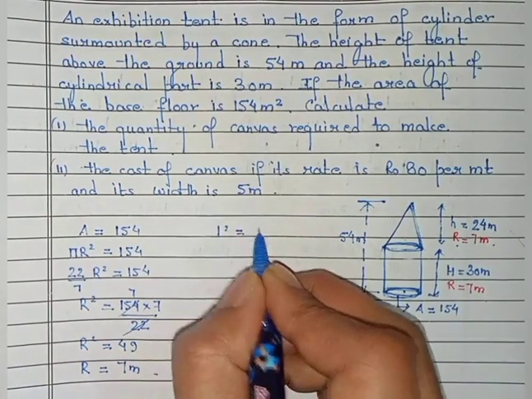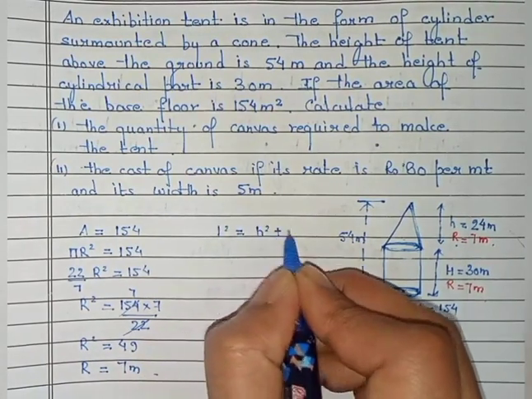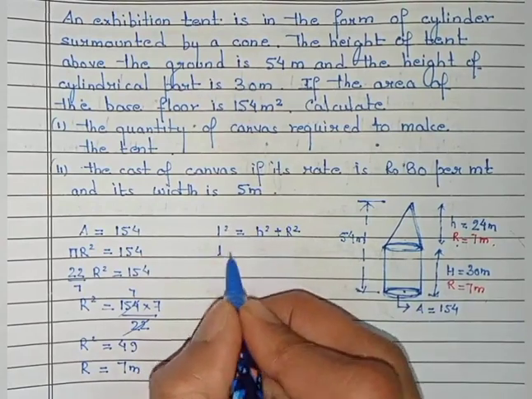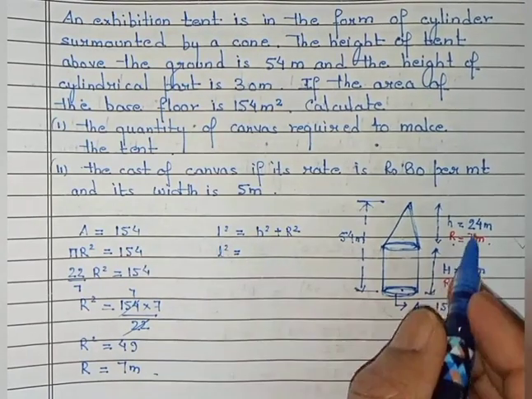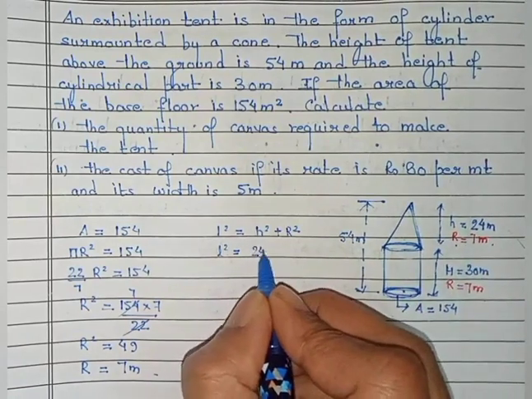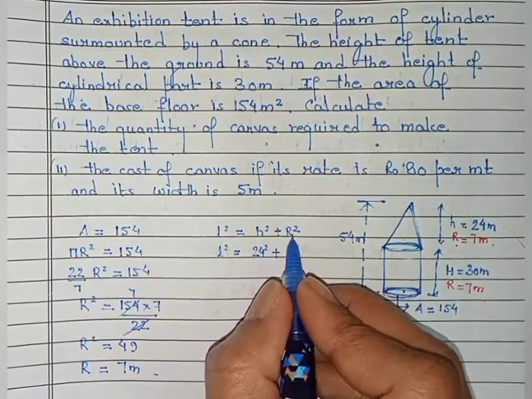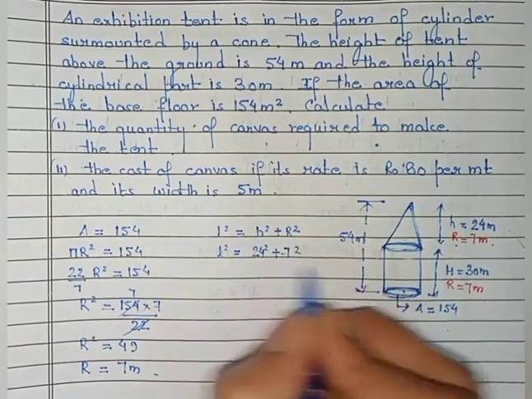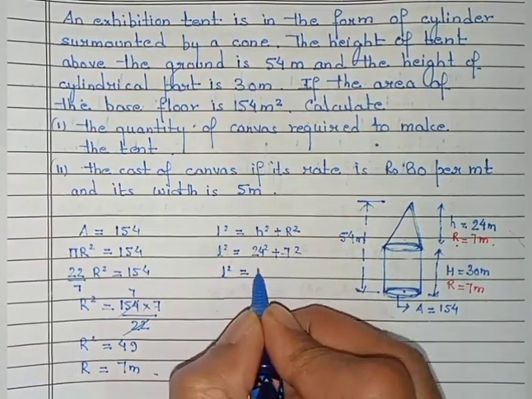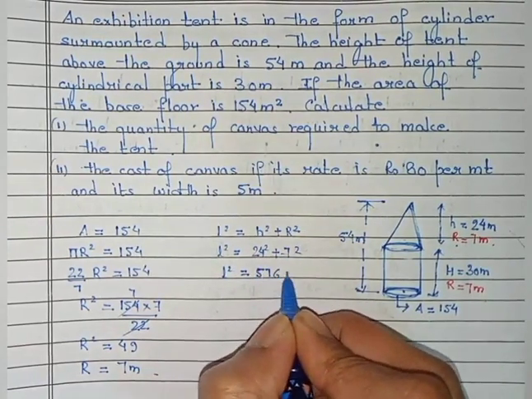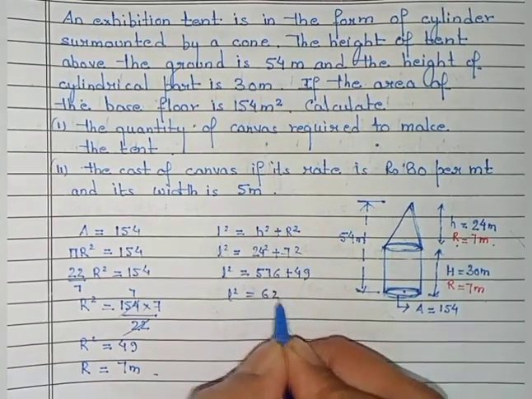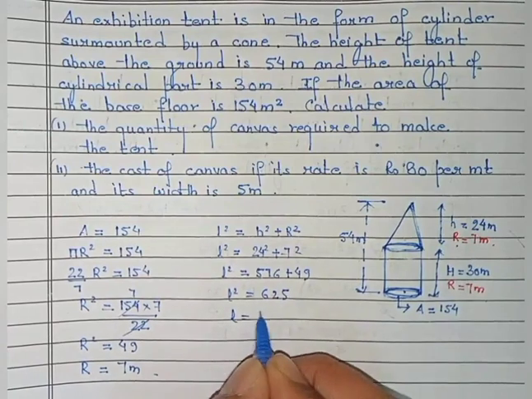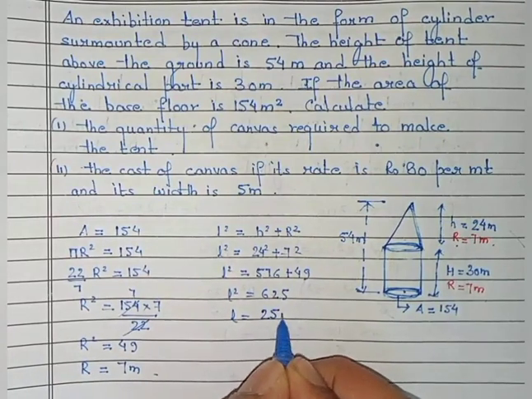So we have the formula. From here we can get the slant height. We need the height of the conical portion, which is 24, and the radius of the conical portion, that is 7. So you are getting 625, so the slant height is 25 meter.